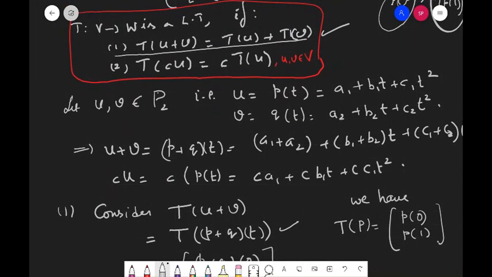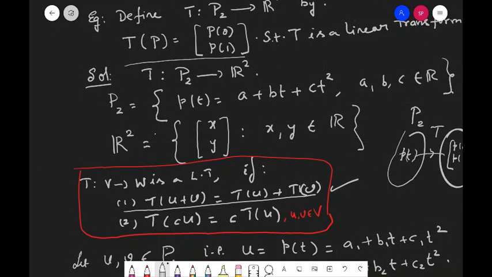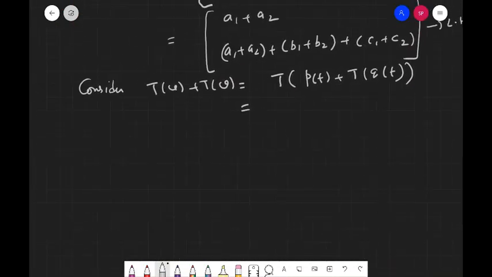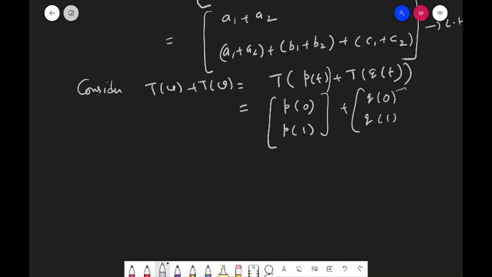By definition, T of P is equal to the column matrix P of 0, P of 1. So here if I apply that, T of P of t plus T of Q of t is equal to P of 0, P of 1 plus Q of 0, Q of 1.